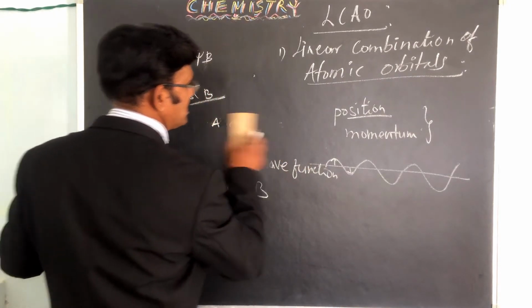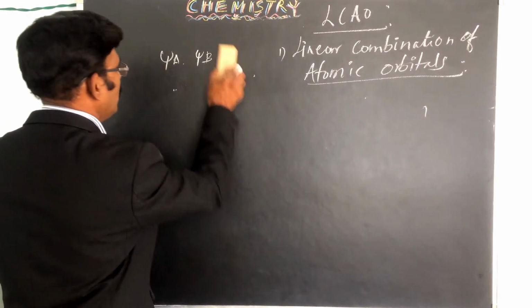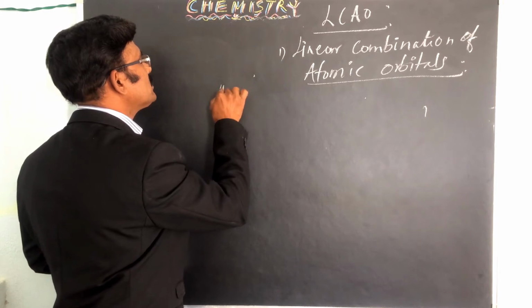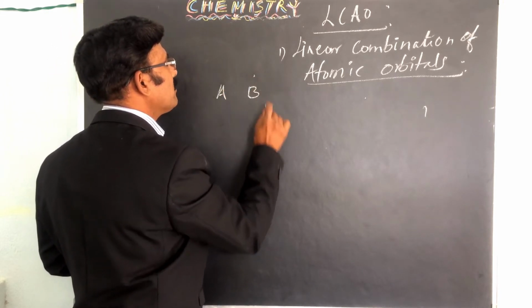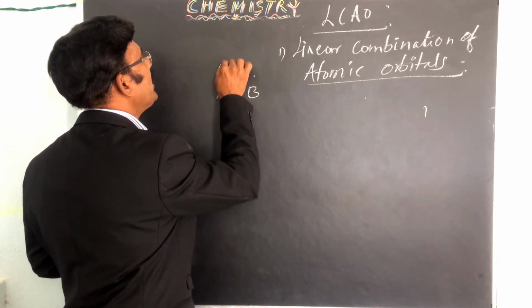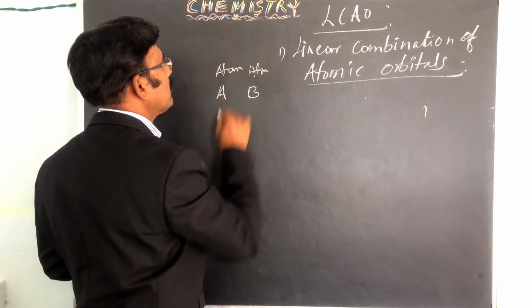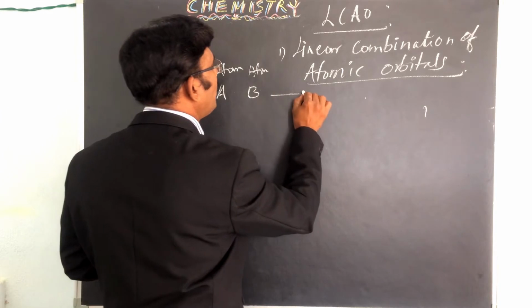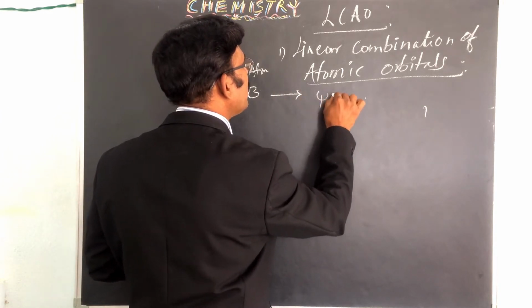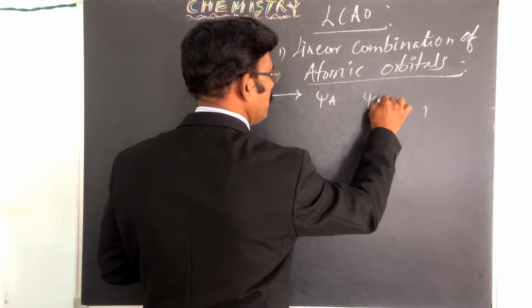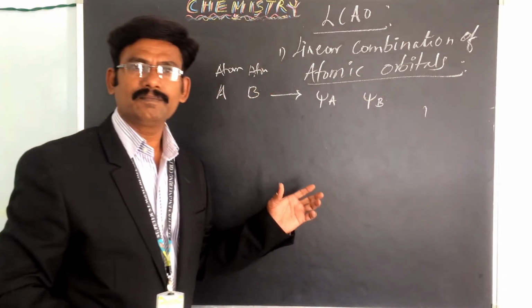So, like this. If two atoms A and B, the wave functions are psi A, atom A's wave function, and psi B, atom B's wave function.